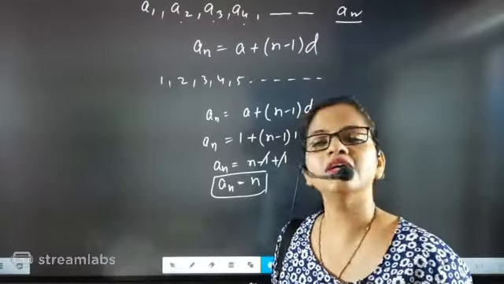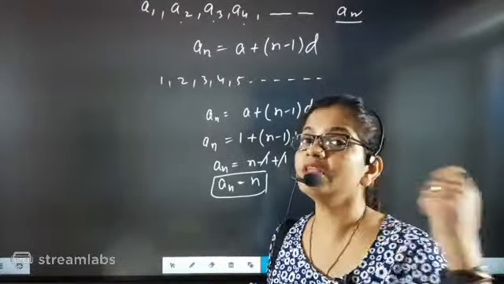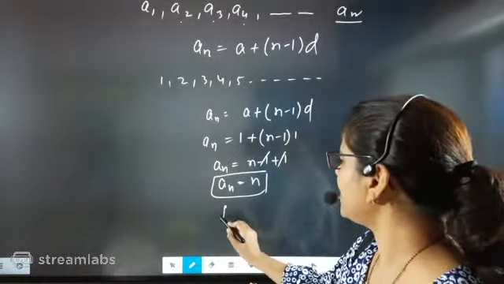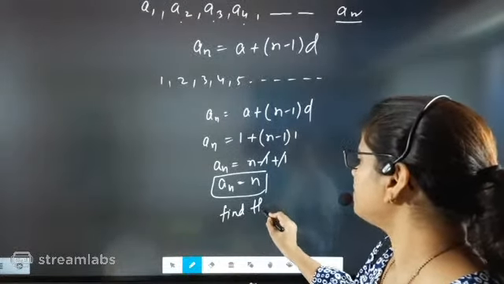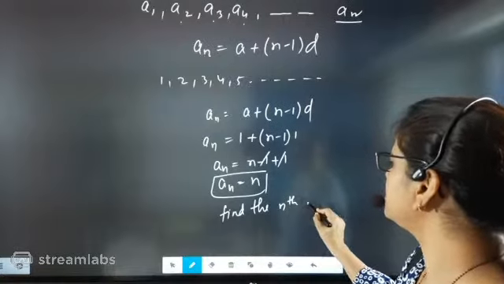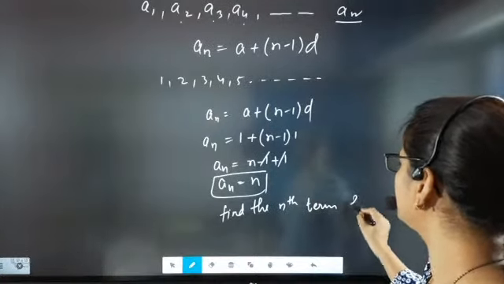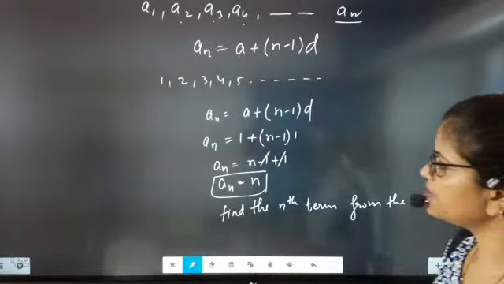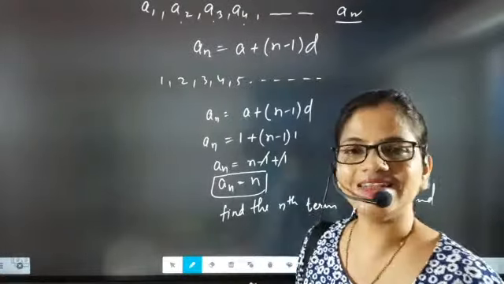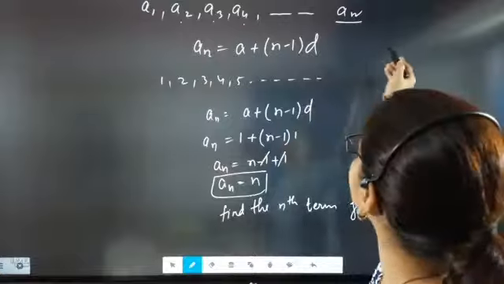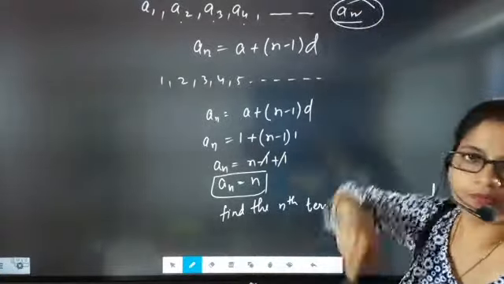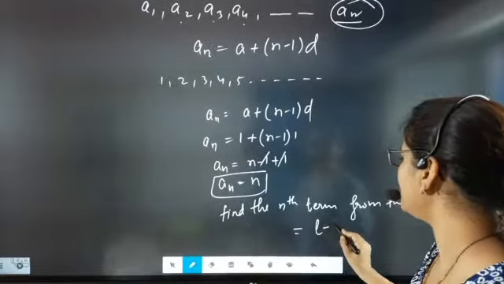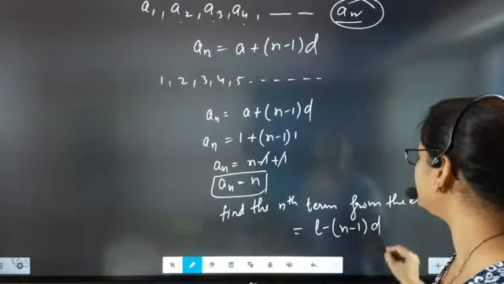But if somebody says find the nth term from the end, then what formula are we going to use? At that time, beta, we write L, the last number. In that case we will need the last number, and the formula for the nth term from the end will be L minus n minus 1 into d.